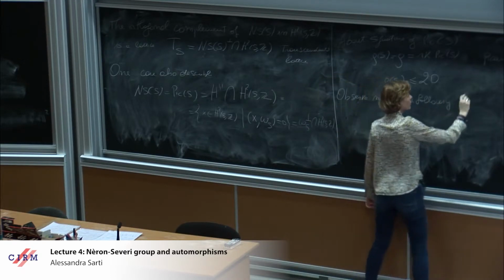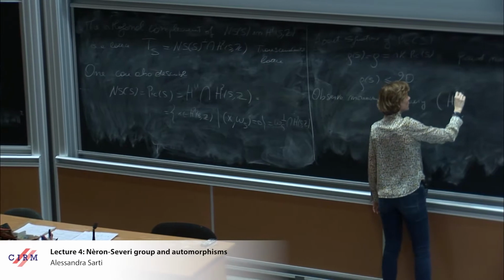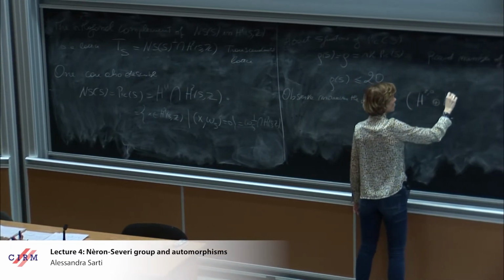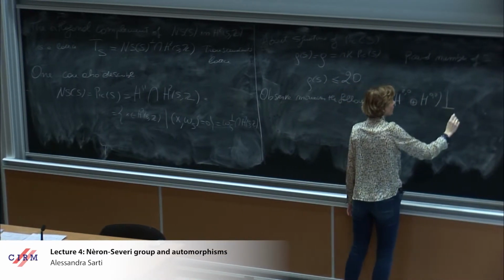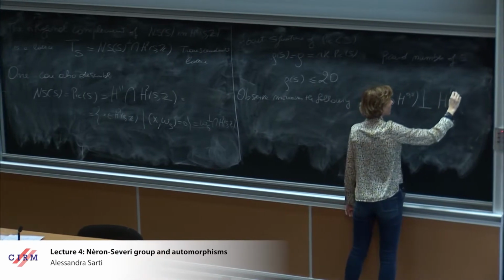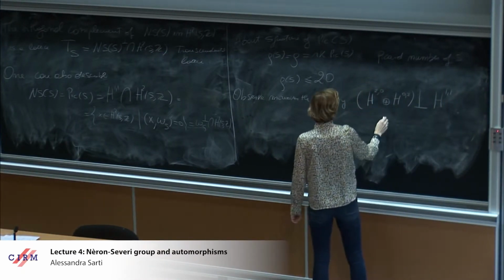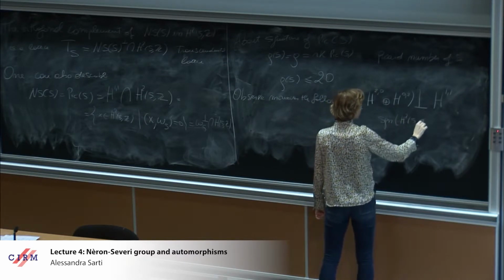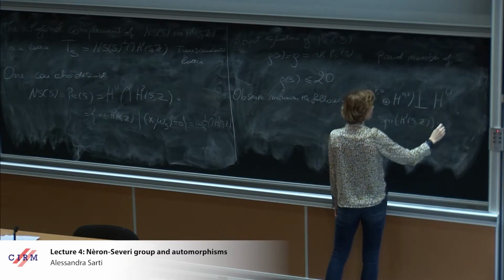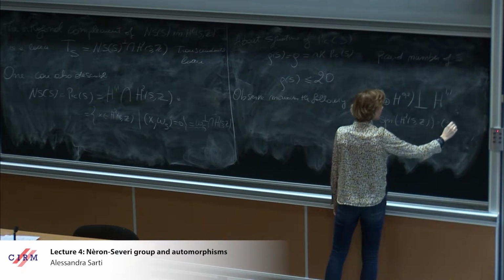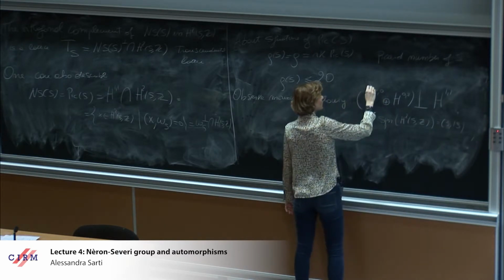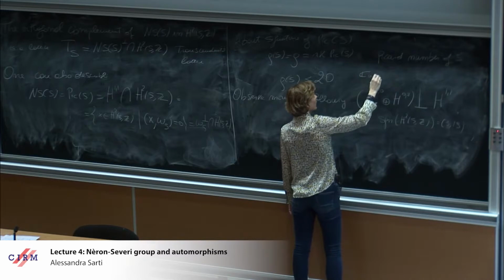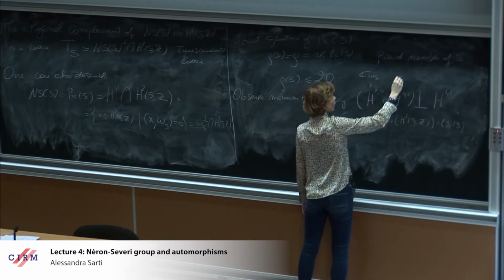So you remember that we had H^{2,0} plus H^{0,2}, which is orthogonal to H^{1,1}. And we know also that the signature of H2(S,Z) is equal to (3,19). This is generated by omega_S, and this is generated by omega_S bar.